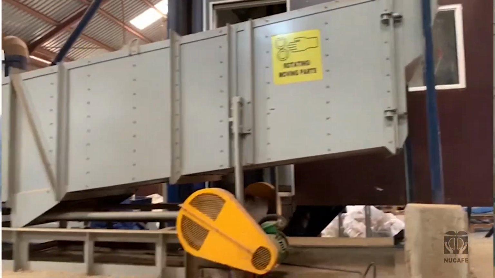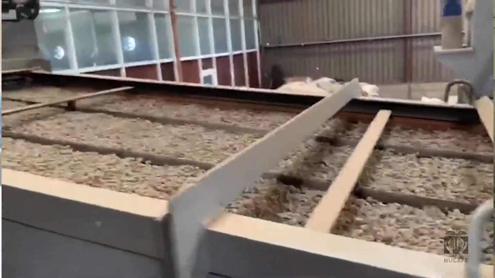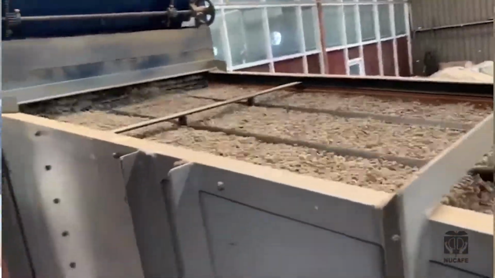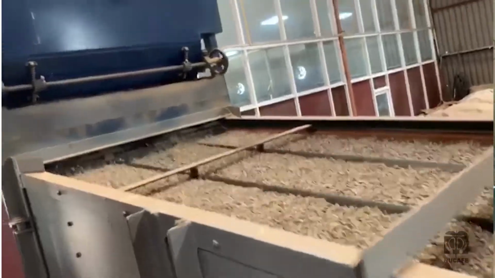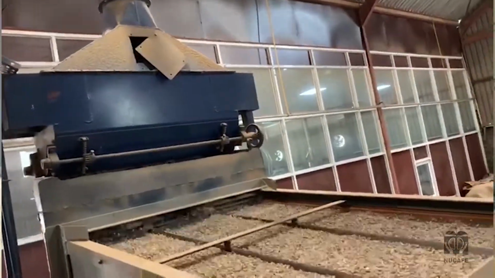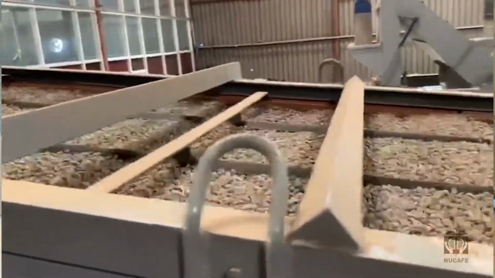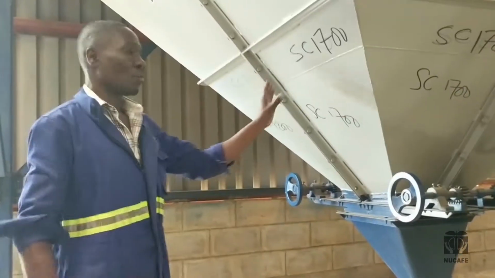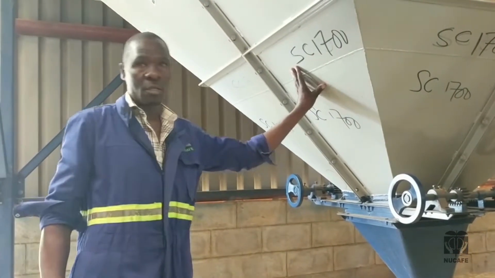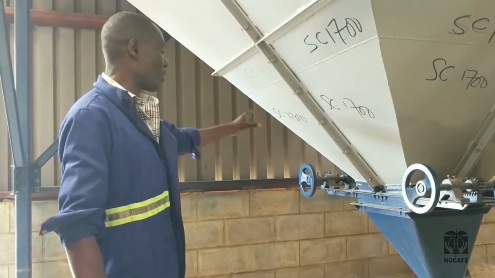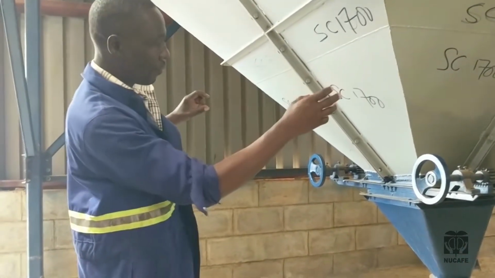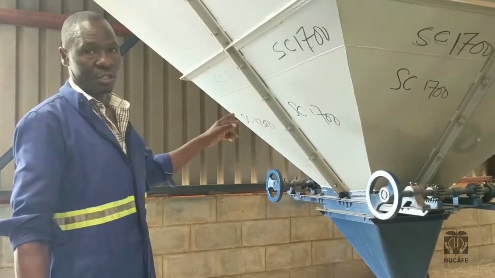So these partitions help us not to mix up the coffee. Every bean that drops here goes in its own apartment. For example, screen 17 will collect in screen 17. Screen 12, screen 15, and screen 18.